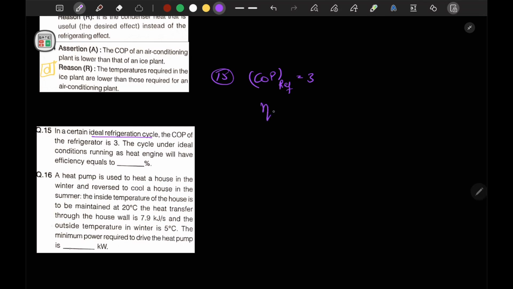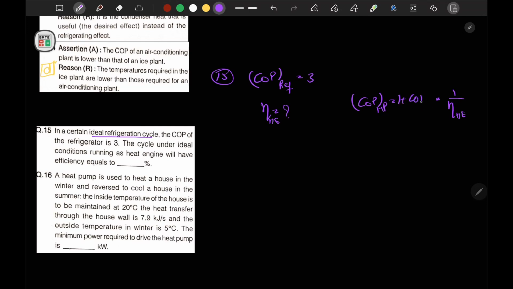Now we have been asked the efficiency, eta of heat engine, will be what? So we know that COP of heat pump is equal to 1 plus COP of refrigeration is equal to 1 upon eta of heat engine.